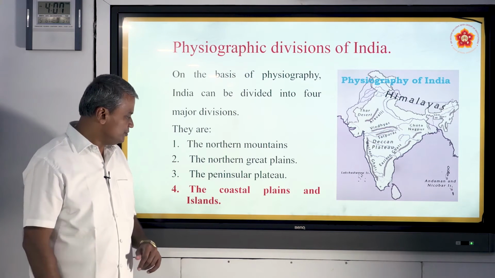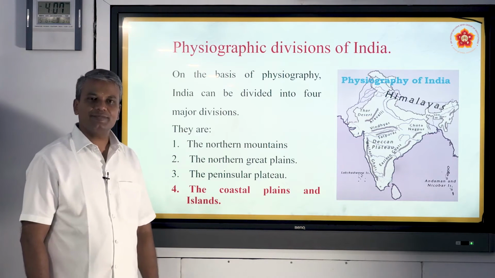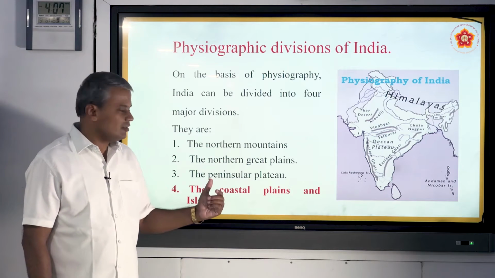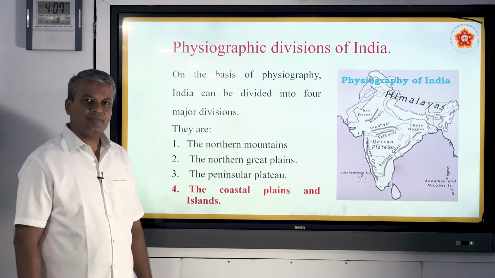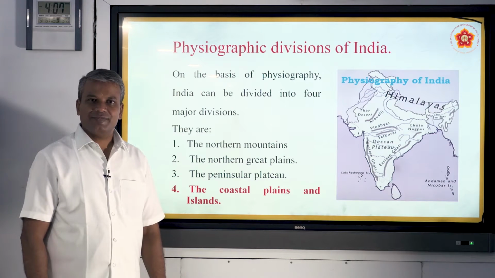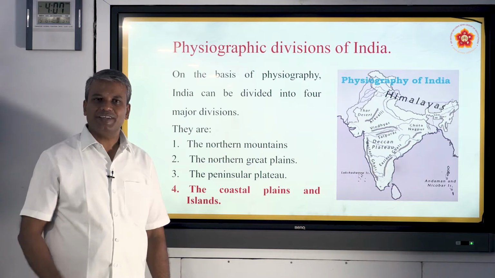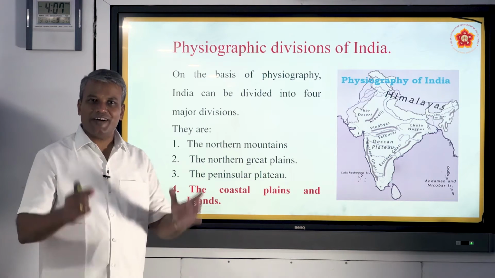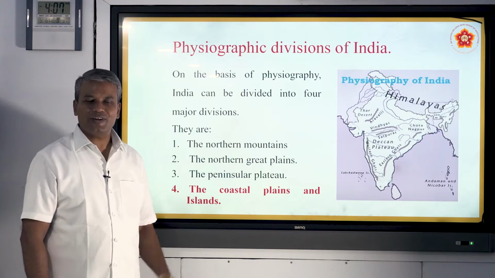Before I begin the features of these coastal plains and islands, I would like to recall some of the important things which we have discussed in the previous classes. So, which is the highest mountain peak in India? Very good. Highest mountain peak in India is K2 or Godwin Austen.